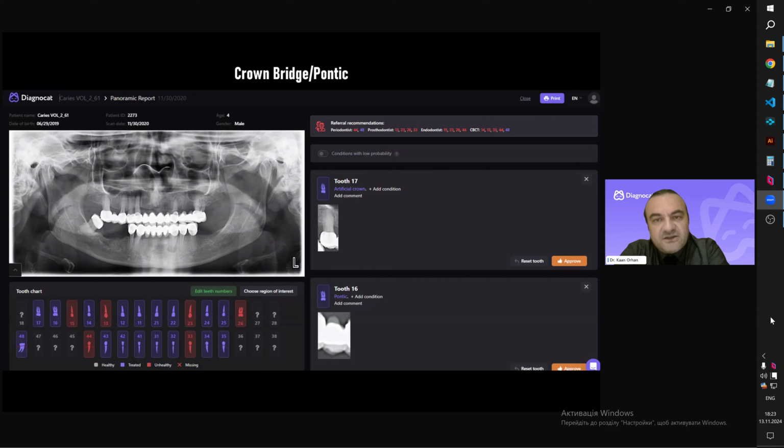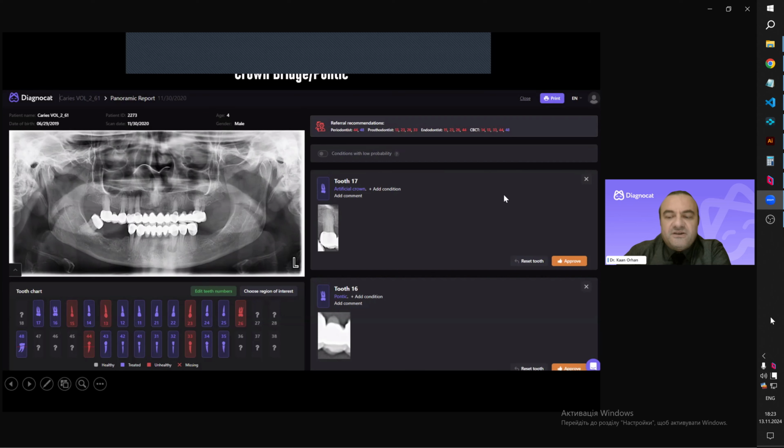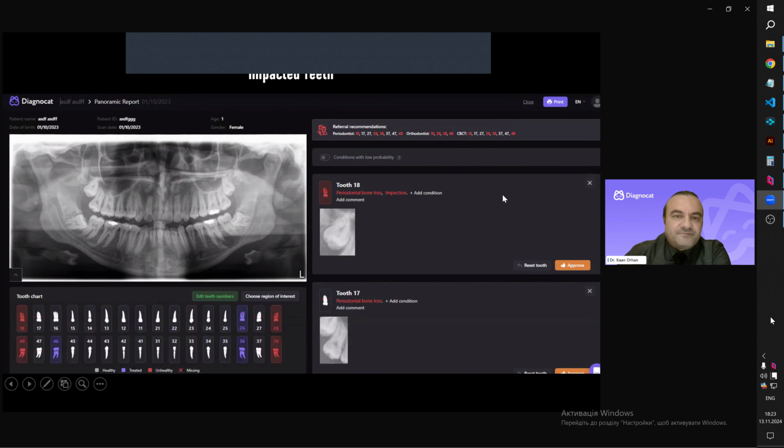Check these teeth with a prosthodontist, check these teeth with endodontics, and so on. Even if you would like to see more detail about these teeth, have a CBCT. So you can have these referral recommendations from DiagnoCat.